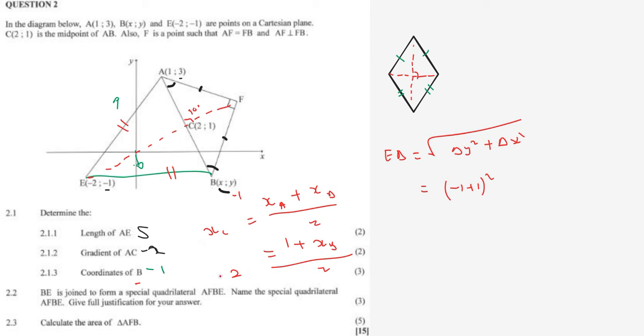Then you do the cross multiplication, then you get your 4 is equal to 1 plus x at B, because this is the x that you're looking for. So then we transpose this one, then our x at B is going to equal 3. So we have our x here, it's 3.